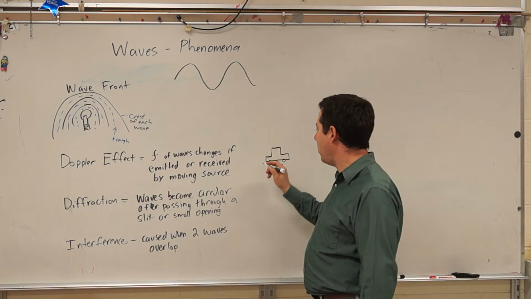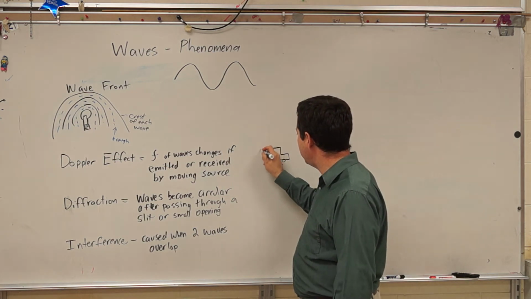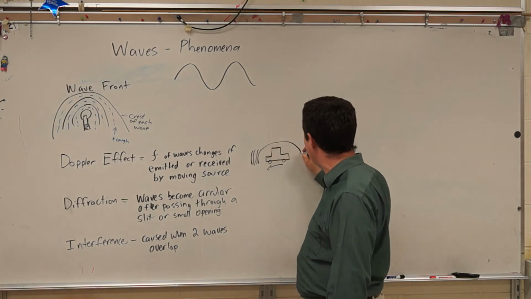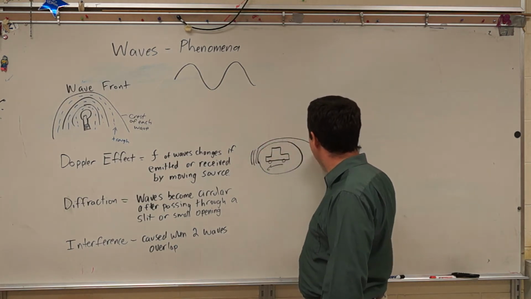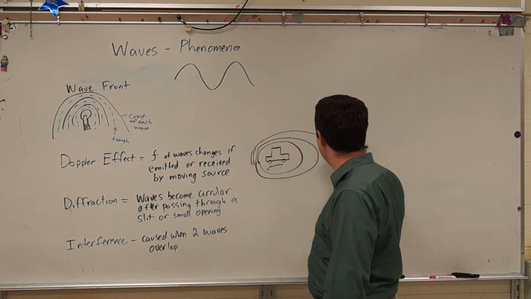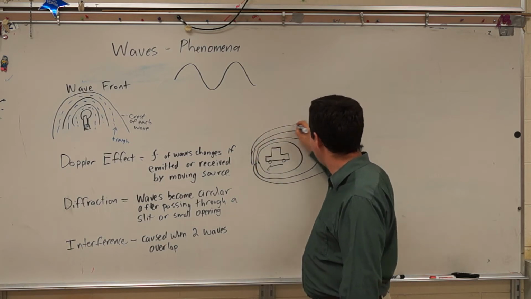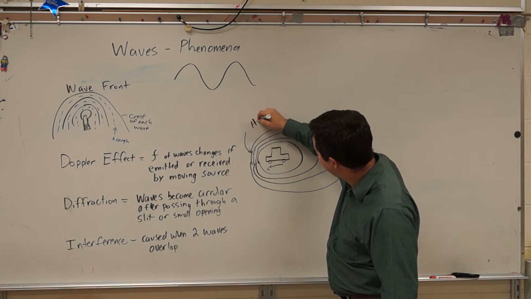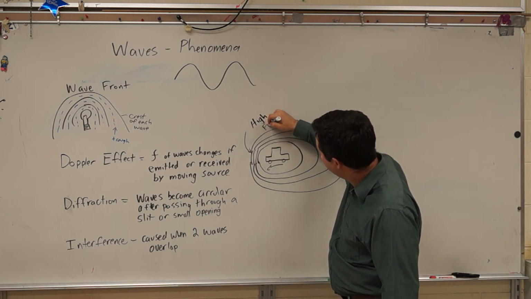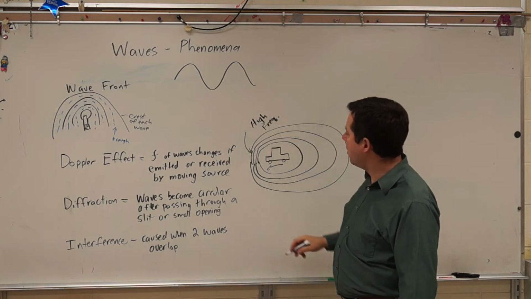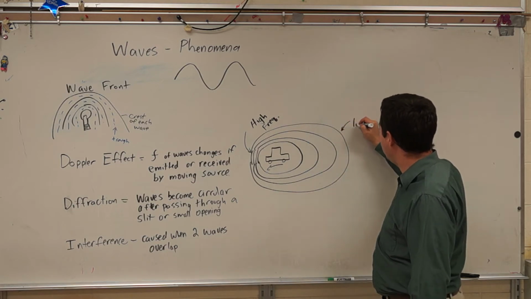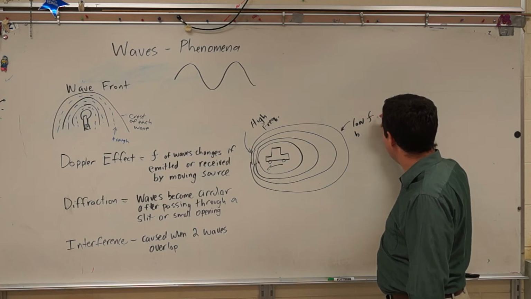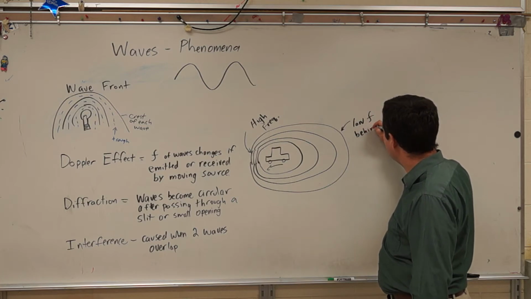So if we use this wavefront method, what you find is that the waves in front of the car are really stacked together, but behind the car they're spaced out, so you end up getting high frequency in front of the car, low frequency behind the car.